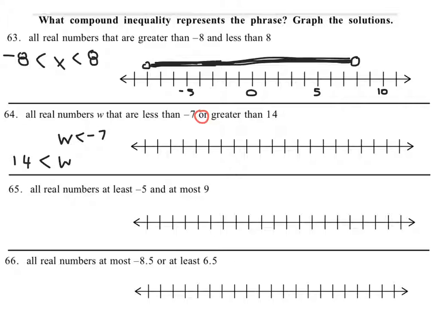Okay, so I'm going to actually go by 2s. So I'm going to say this is 0, and let's go by 2s. This is 2, this is 4, this is 6, this is 8, this is 10. Okay, and 12, 14, 16, 18, 20. And then going lower, this is -2, -4, -6, -8, -10.